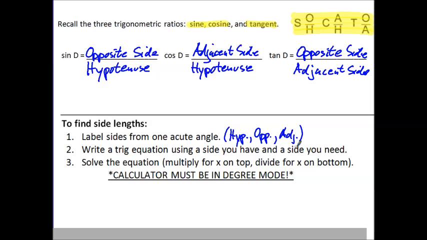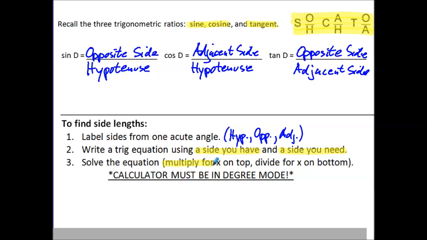Then we write a trig equation using a side we have and a side we need. We are looking for sides, so the side we need has to be part of this equation. And then we solve the equation.